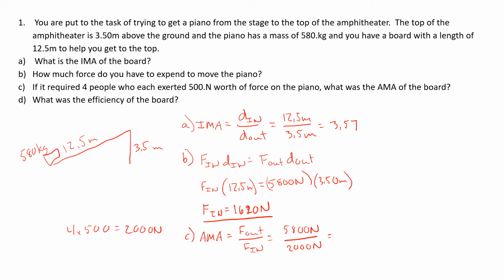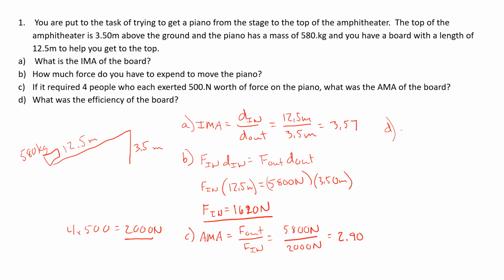So if we work that out, 5,800 divided by 2,000, we get a real benefit to our machine of 2.90. So we were hoping for a benefit of 3.57. We only got a benefit of 2.90. We know they weren't perfectly efficient because it took us 2,000 newtons, and ideally it should have only taken us 1,620. So the last part is asking about what is the efficiency of the board.